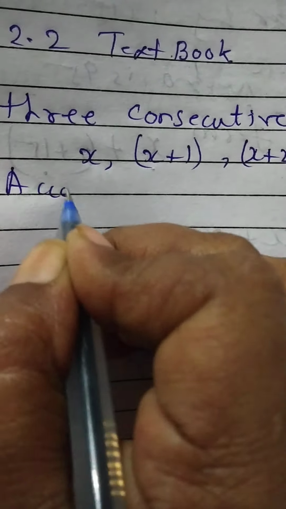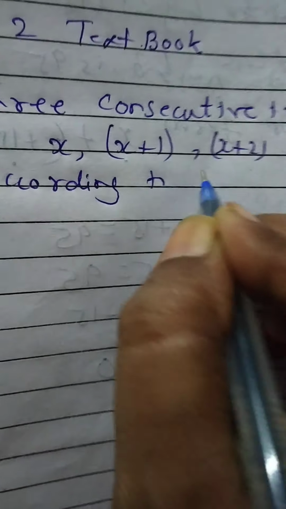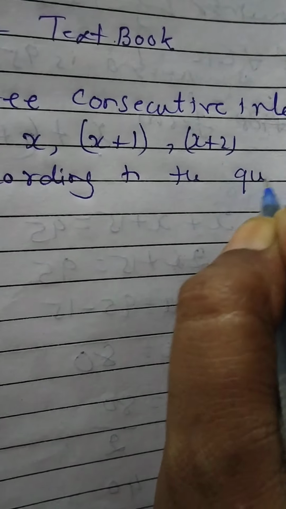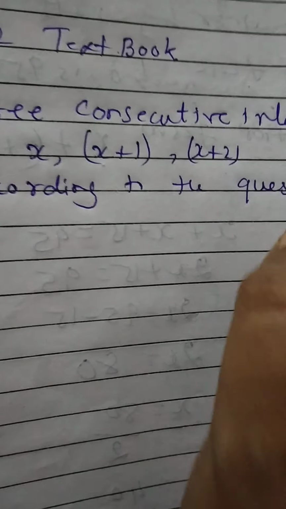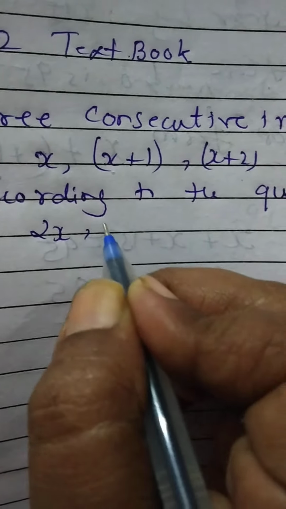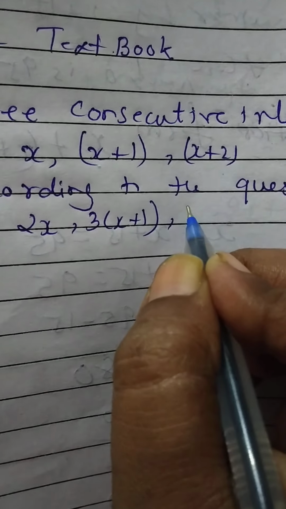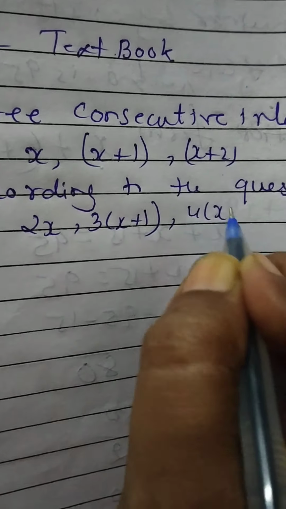Okay, then according to the question, they are multiplied by 2, then 3, and the third one by 4 respectively.